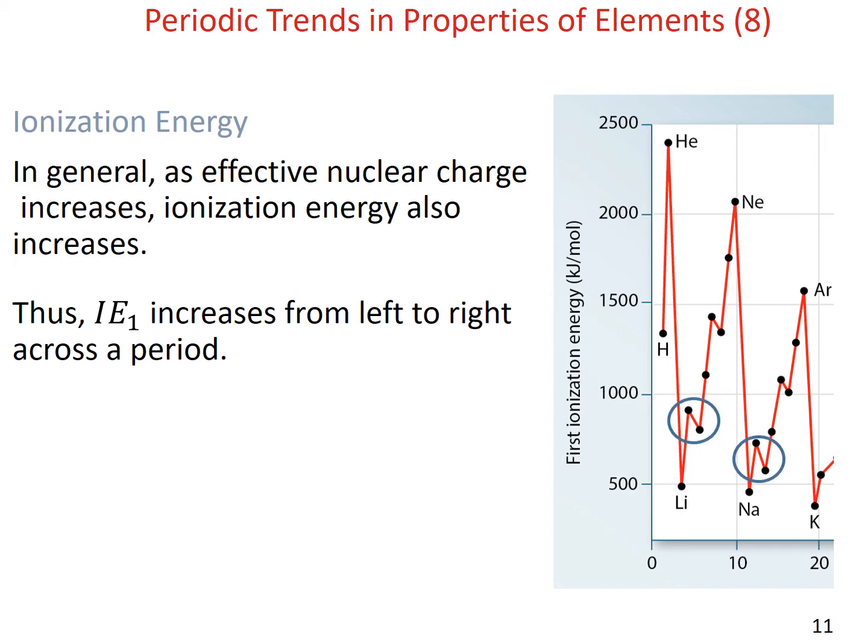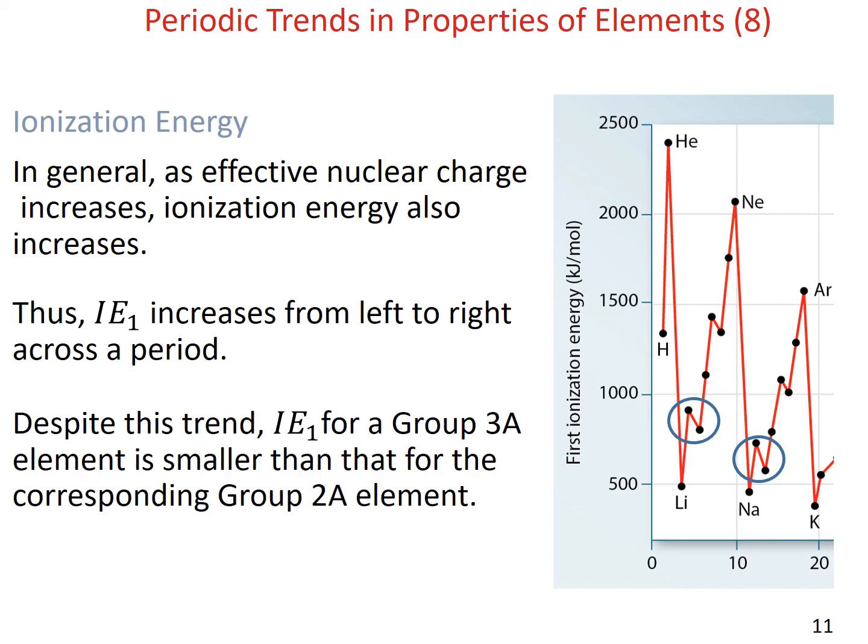But despite this trend, you can see there's a few discrepancies. I've circled 2 of them here. It doesn't work exactly correctly. We will talk about why that is the case. So for example, this is one of them. You have group 3A elements. They're smaller than that for the corresponding 2A element.